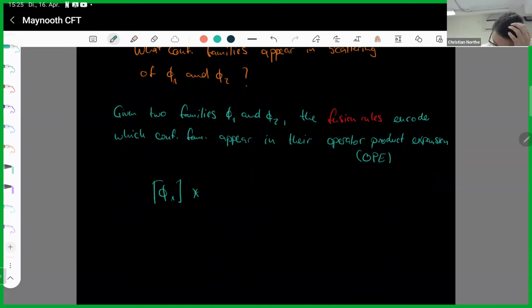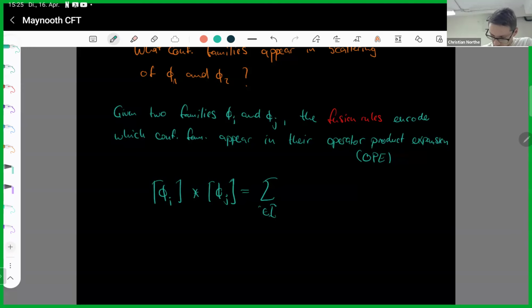I take the conformal family for phi1 and the family for phi2, and I introduce this new product, which I just denote star. Let's call this not phi1, phi2, but ij, because I did that also in the notes.